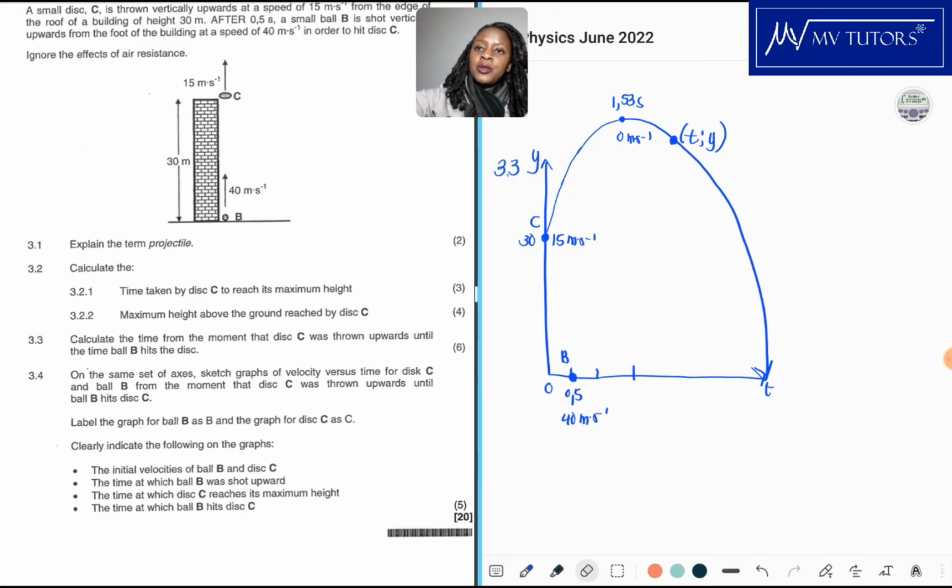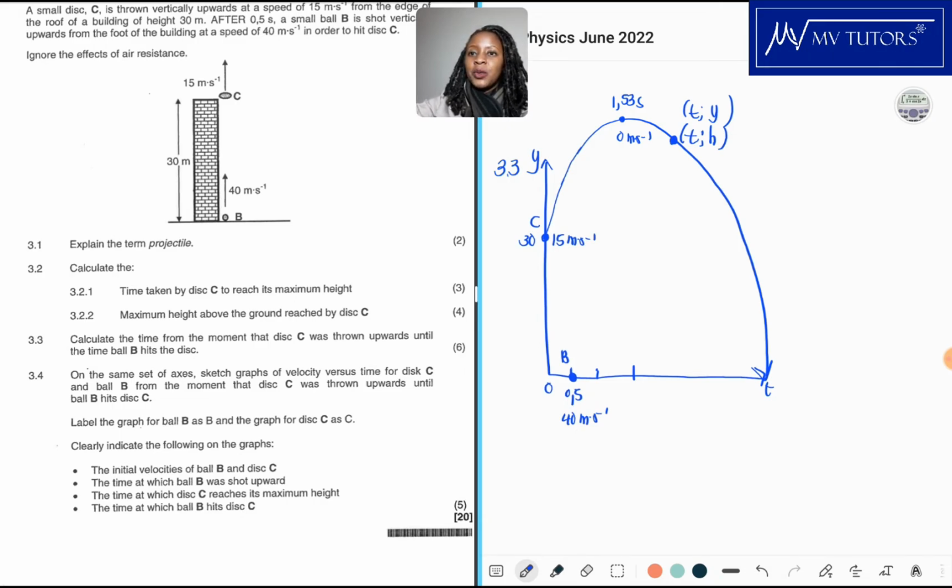Let me actually use H. Oh yeah, we can actually use Y. H or Y, it doesn't matter. Okay, and that's basically what we are looking for at this point, but we're looking for the time. Okay, the height is not really an issue at the moment.